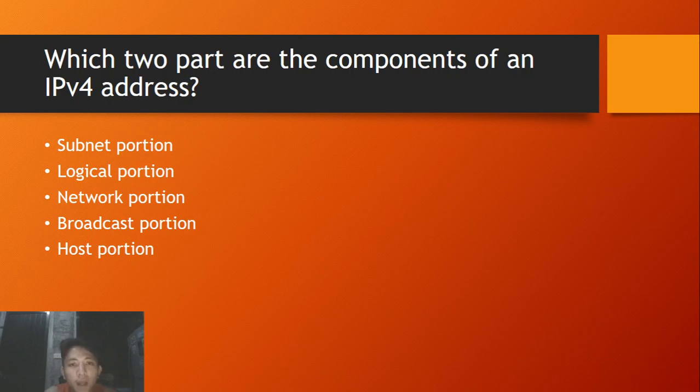So why? An IPv4 address is divided into two parts: a network portion to identify the specific network on which a host resides, and a host portion to identify a specific host on a network, and the subnet mask is used to identify the length of each portion.